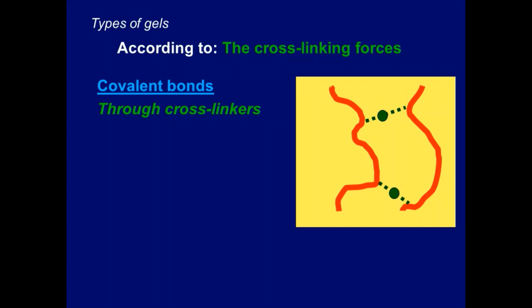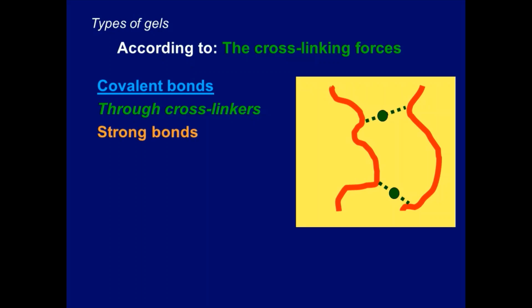They need a cross-linker to form this strong covalent bond. What is a cross-linker? It's a chemical substance that can bind to one polymer molecule from one side and to another polymer molecule from the other side. So it links both molecules together with covalent bond.